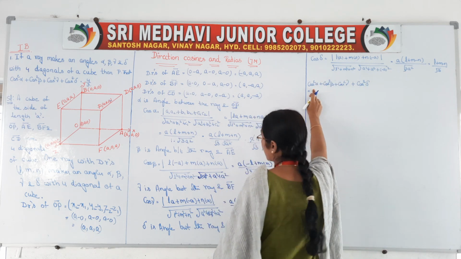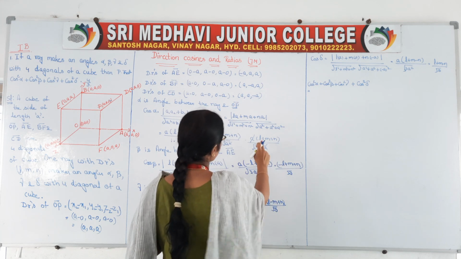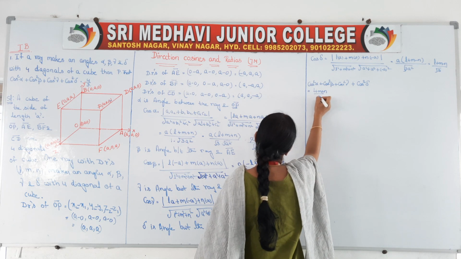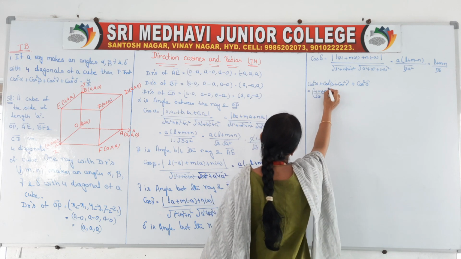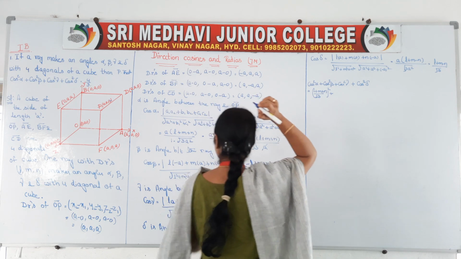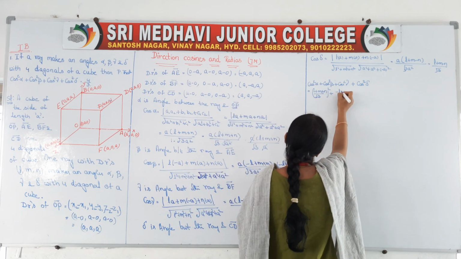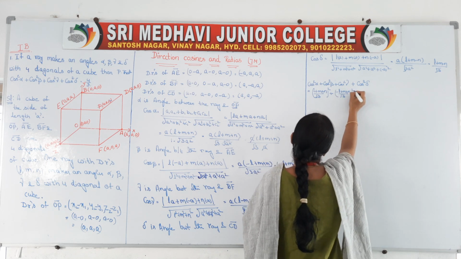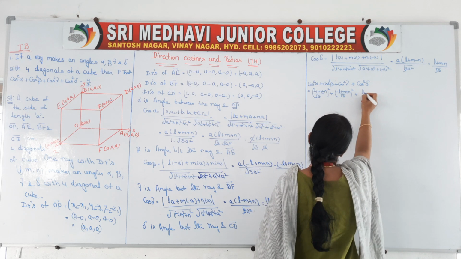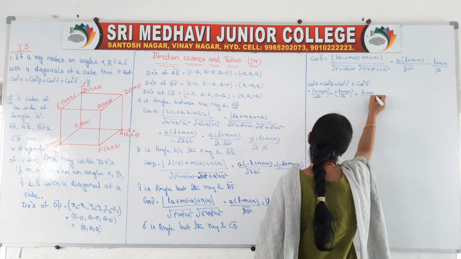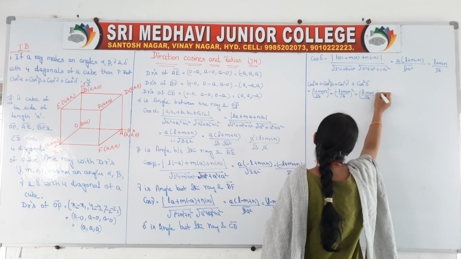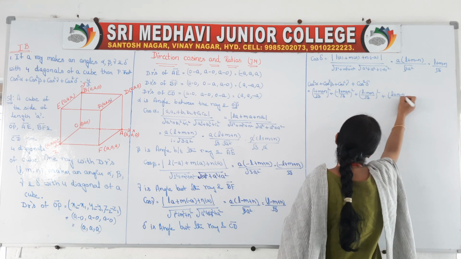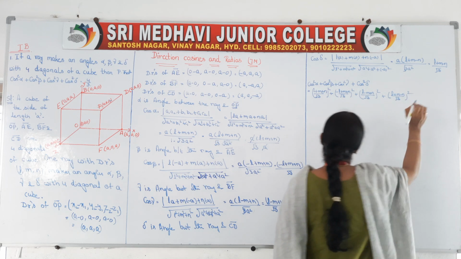First cos square alpha, what is your cos alpha? (l plus m plus n) by root 3 whole square. Plus the second one, (minus l plus m plus n) by root 3 whole square. Next, (l minus m plus n) by root 3 whole square. Next, plus (l plus m minus n) by root 3 whole square.